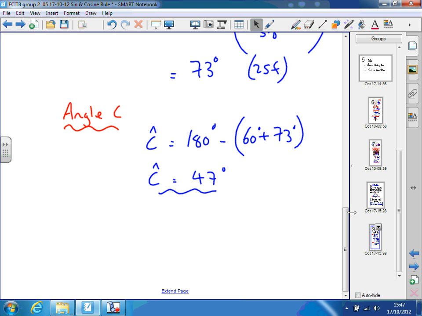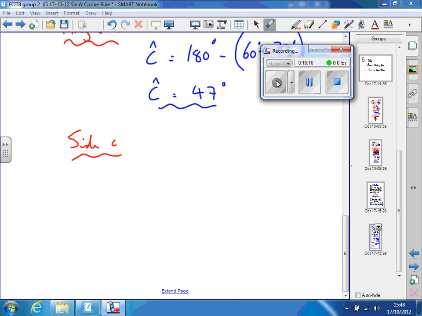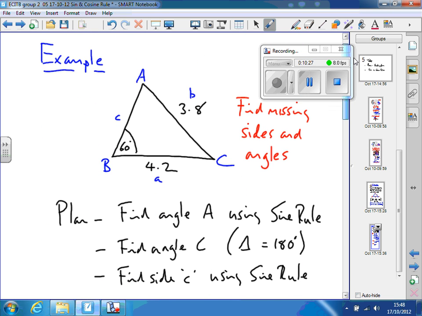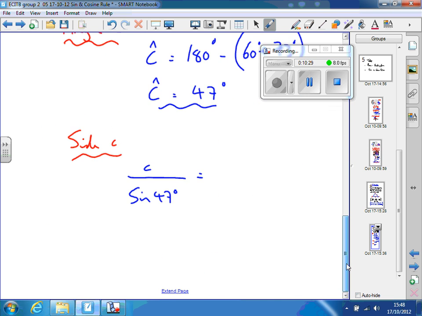So finally we've got to find side c. So little c over sine of 47 equals, and I'd always use the ratio we were given at the start. We could have used the one we just found, but use 3.8 over sine 60.